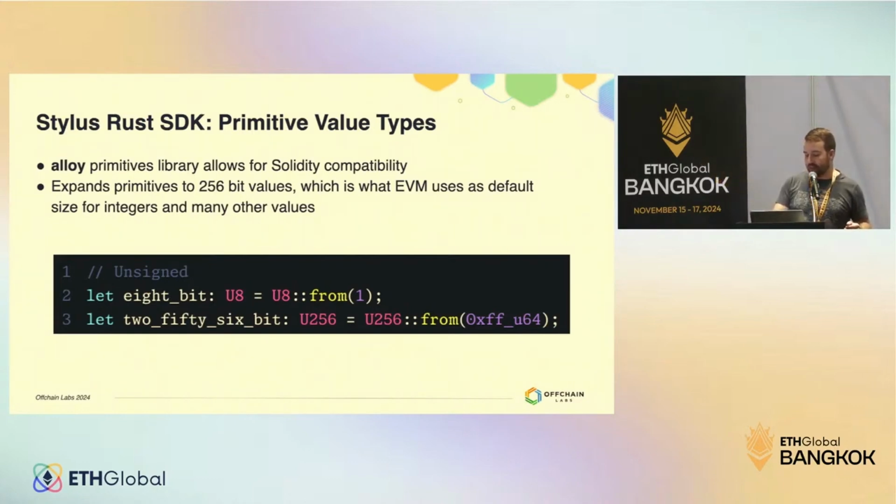And essentially right here, I'm declaring an 8-bit integer from the number 1. So that's just how you work with our Stylus SDK integers. Sometimes you'll need to parse from one to the other, and that's how you do it with that U8::from(1) or whatever, to parse from native Rust to Solidity types.